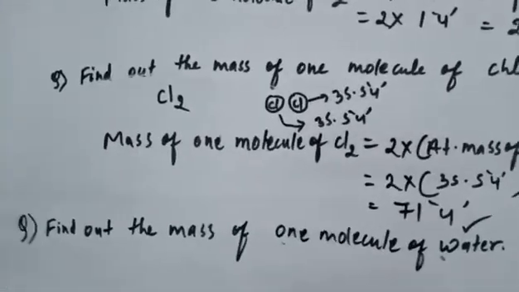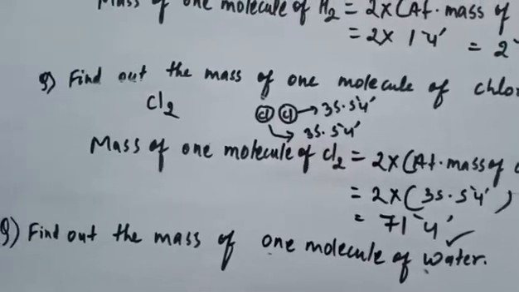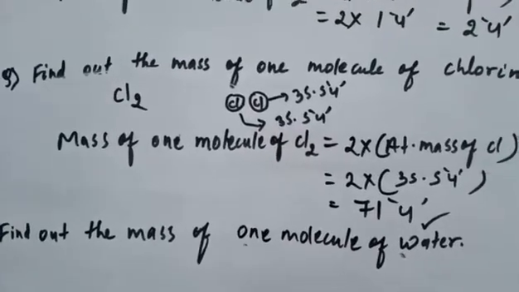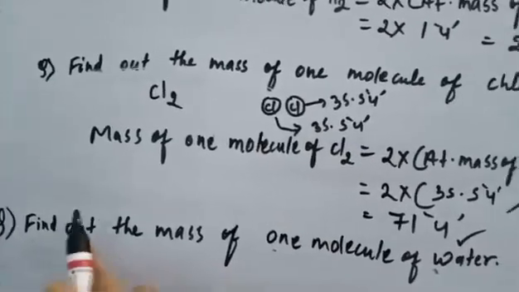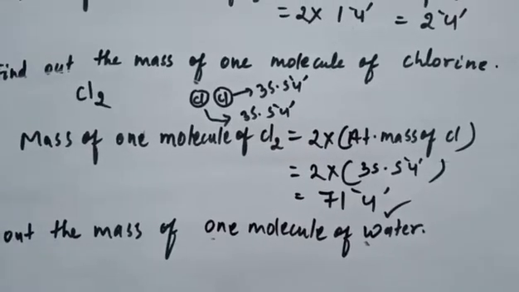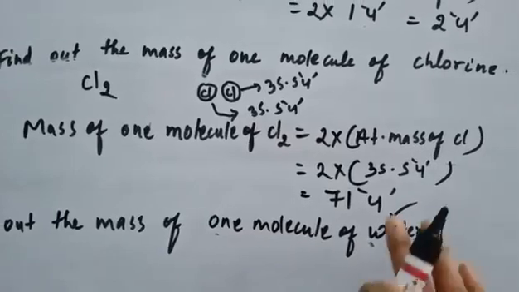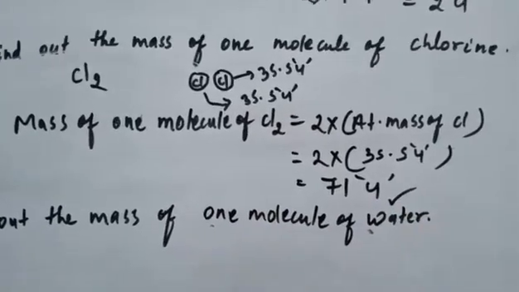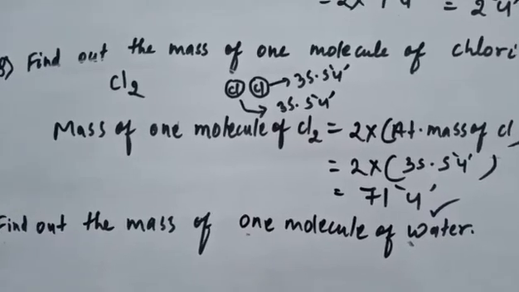Now, earlier we studied how to find the molecular mass of water. The question can be twisted and given as find out the mass of one molecule of water. So don't be confused. If it is asking for the mass of one molecule of water, it is asking just for the molecular mass of water. The way you calculated the molecular mass of water, calculate it like that.